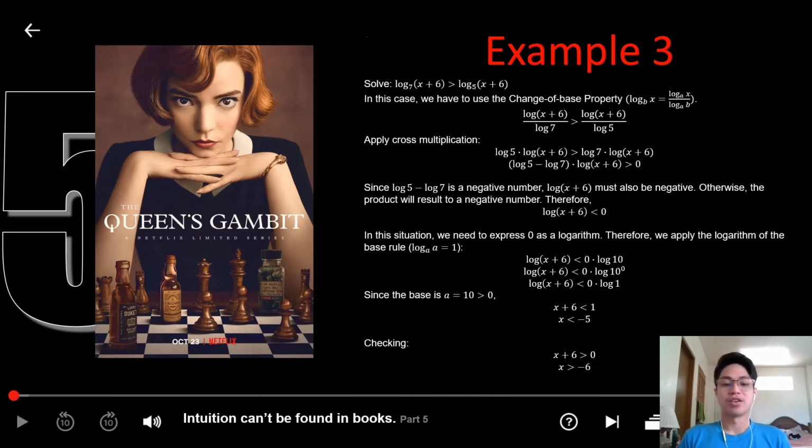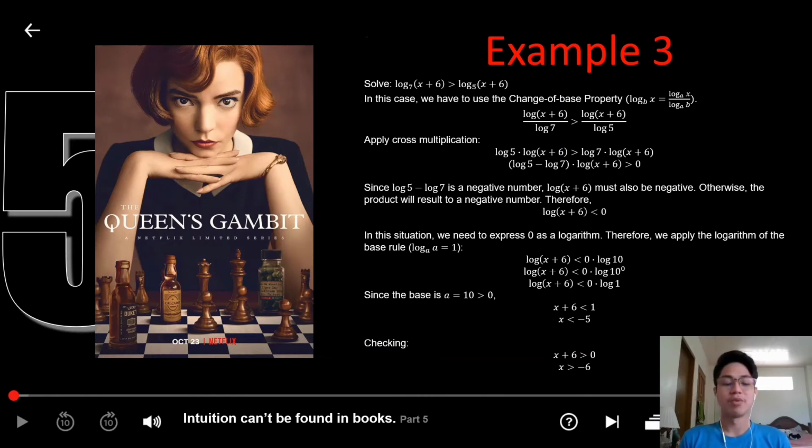Since log of 5 minus log of 7 is a negative number, log of (x + 6) must also be negative. Otherwise, the product will result in a negative number. Therefore, log of (x + 6) is less than 0. In this situation, we need to express 0 as a logarithm. Therefore, we apply the logarithm of the base rule, which says that log of a base a is equal to 1. Therefore, log of (x + 6) is less than 0 times log of 10, which is log of 10 raised to the power 0.